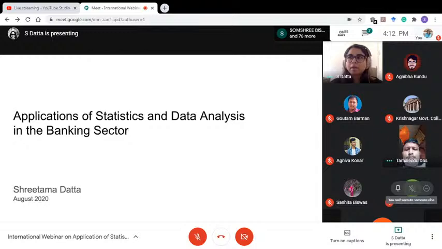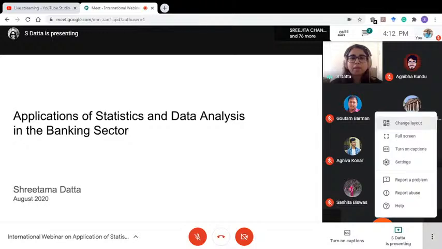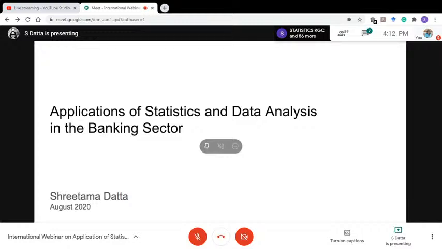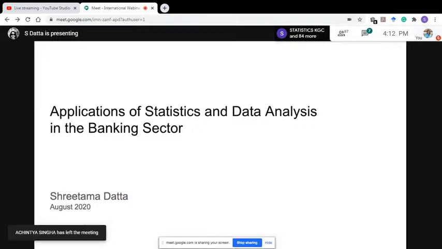But apart from that, in the course of my career, I've also looked at other applications, so I'll talk about that. But obviously, the banking sector is huge, and there are so many different applications. These are only a couple of them, not a complete list.